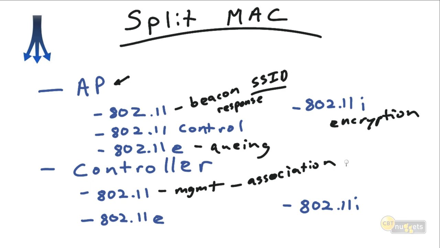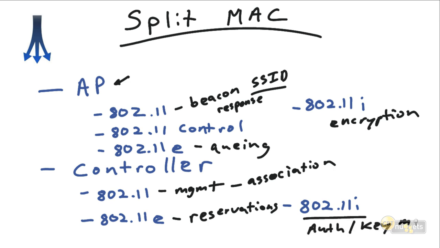From an 802.11e, from a QoS perspective, it's going to be handling resource reservations. Yeah, so it's going to be doing reservations of resources on behalf of the access point. And what about 802.11i? Well, it's going to be actually doing the authentication and the key management.